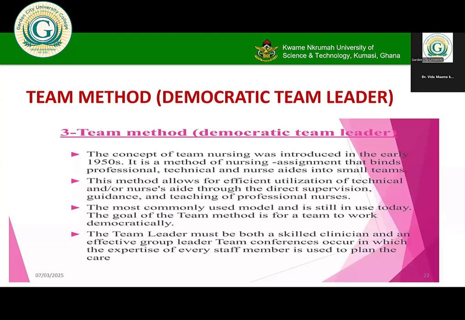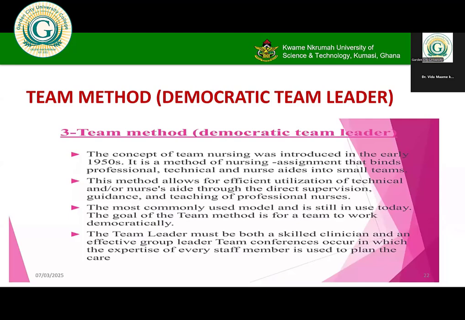The team leader must be a registered nurse, and he or she coordinates a small team, not more than 4 or 5, and also a small group of patients in a shift.